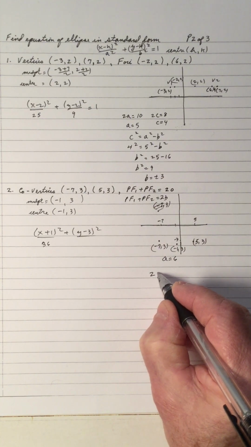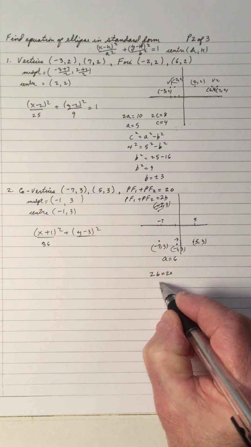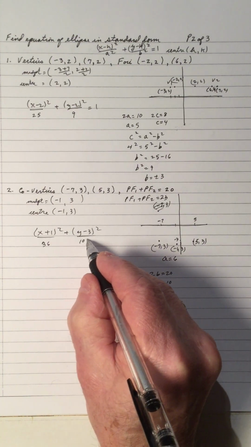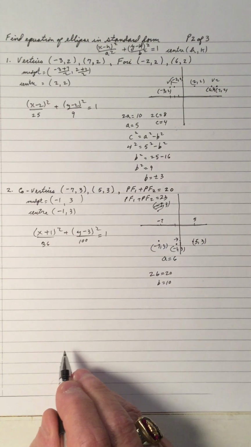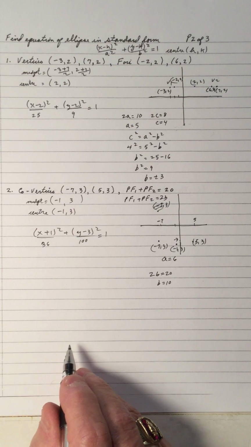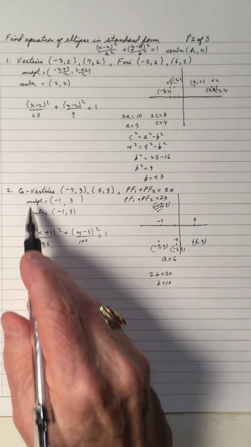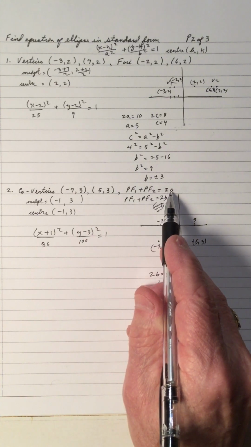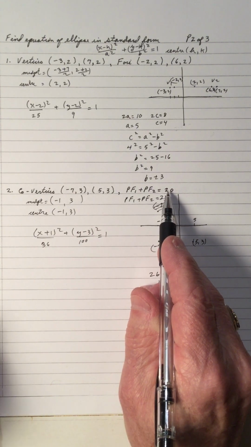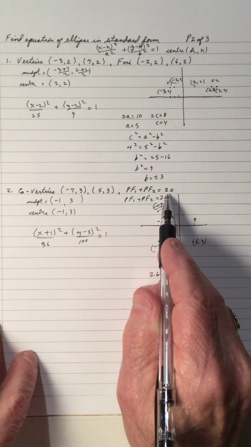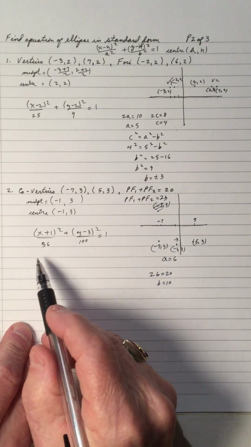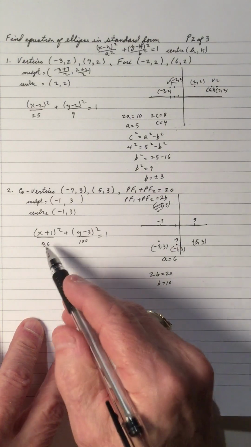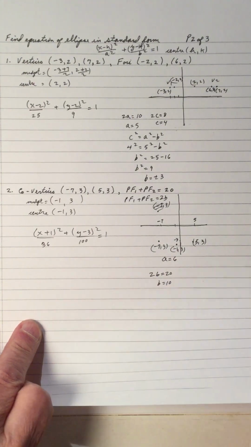That means 2B is equal to 20, so B is 10, and B squared is 100. We have found the equation: the length of the major is 20, so half of it is 10, and 10 squared is 100, and 6 squared is 36, with the center.